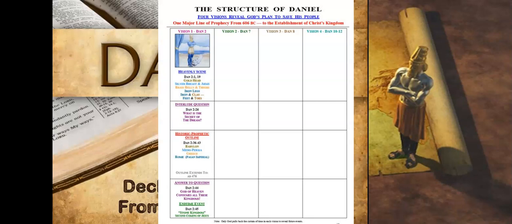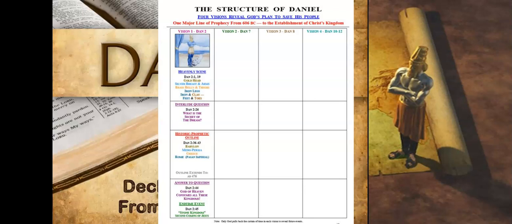But what I tried to do is go through the 4 visions of Daniel and see if I could find that structure of a heavenly scene and then the outline, etc. Well, it wasn't quite the same in Daniel. But the way that you've already seen the structure in Daniel chapter 2, the way he set it up, my husband and I went and looked in every vision to see if we could figure out if every single vision did this.